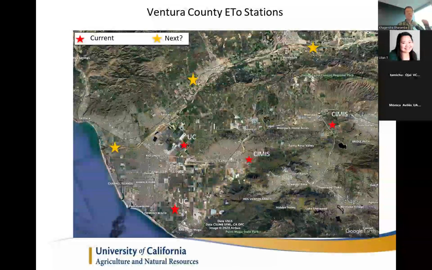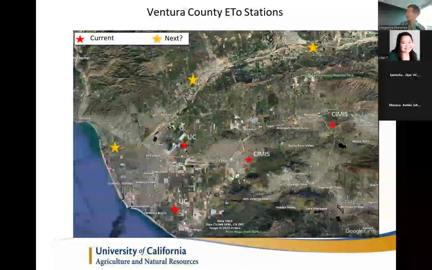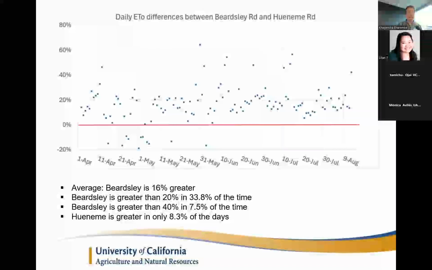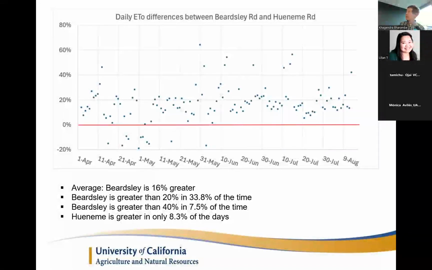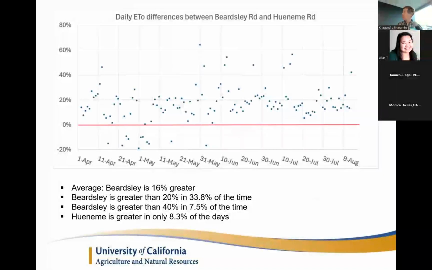So getting better data that's closer to the orchard is strategy number one. And this graph just drives that point home. Every dot on this graph represents a day. More specifically, it represents the difference between measured evapotranspiration at two weather stations that are 2 or 3 miles apart, that Ben just referenced, the Beardsley and Hueneme Road, if I'm saying that correctly.